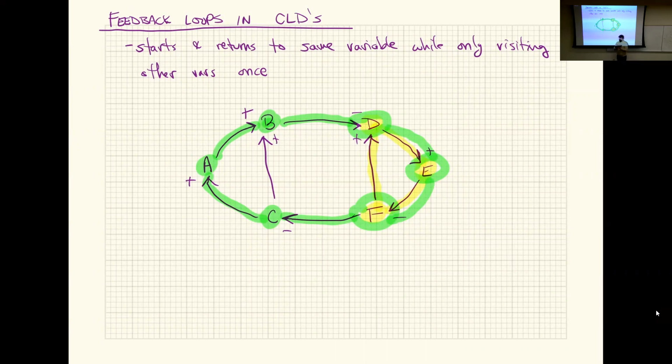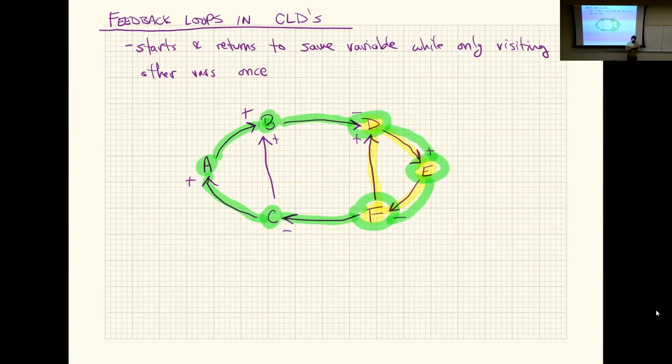So D produces the same change direction in E, but an opposite direction in F. And F produces the same change direction in D. If I follow that around, if D is bumped up a little bit, how will that affect the pressure on D later? Well, the upward motion on D creates an upward motion on E, which creates a downward motion on F, which then creates a downward motion back on D. So D tries to rise up, but the causal loop pulls D back down.